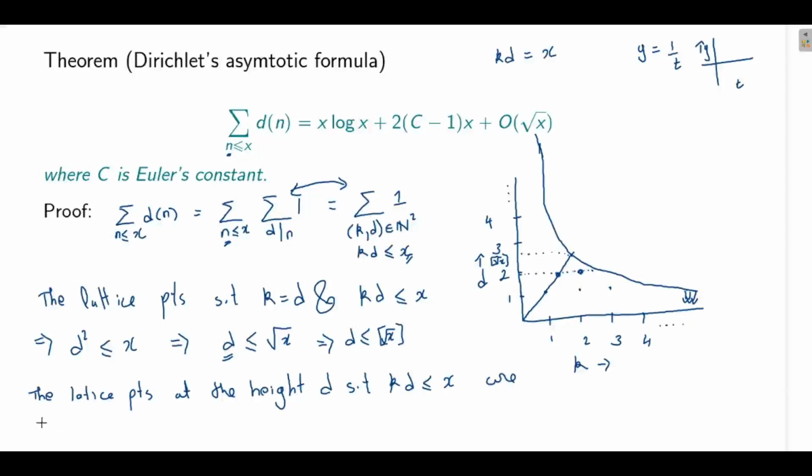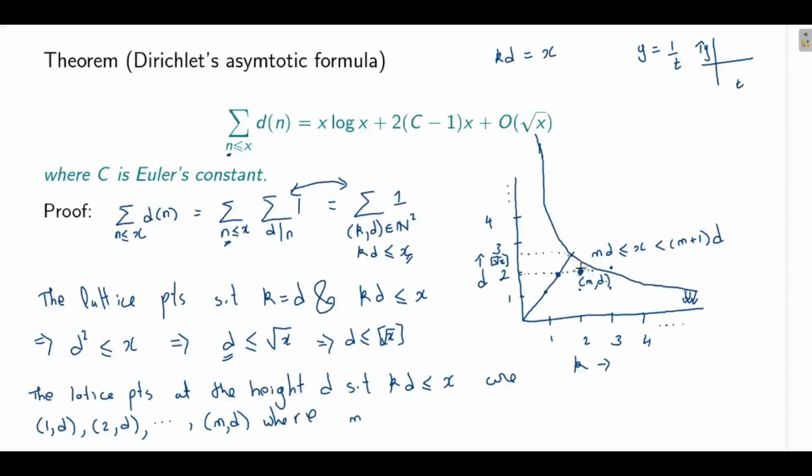So they will be (1, d), (2, d), up to what? The last point here will be (m, d), where m times d is less than or equal to x, and you want (m plus 1) times d to be greater, that is m plus 1 should fall on that side.